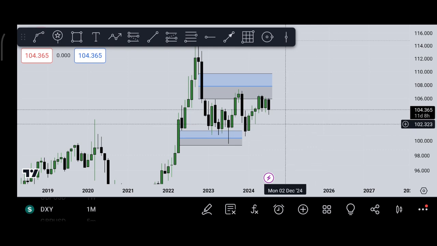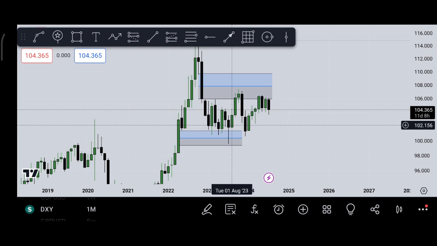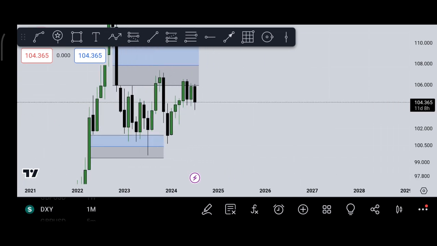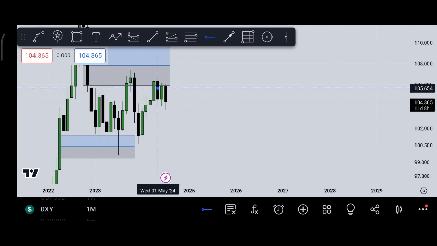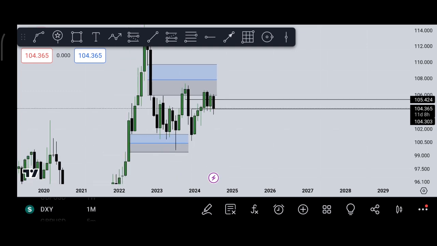After tapping on this inefficiency, it dropped down and closed below this bullish order block, this consecutive bullish candle 1, 2, 3. We had a fair value gap here, and price failed to close or take out these highs.